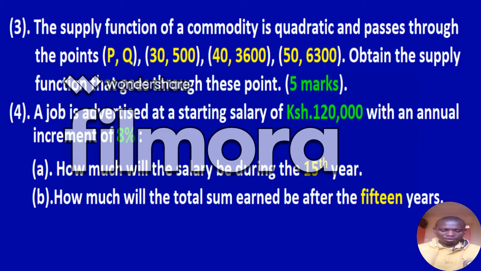And lastly, question 4, a job is advertised at a starting salary of 120,000, sorry, with annual increments of 8%. How much will the salary be during the 15th year? And how much will be the total sum earned after the 15th year?